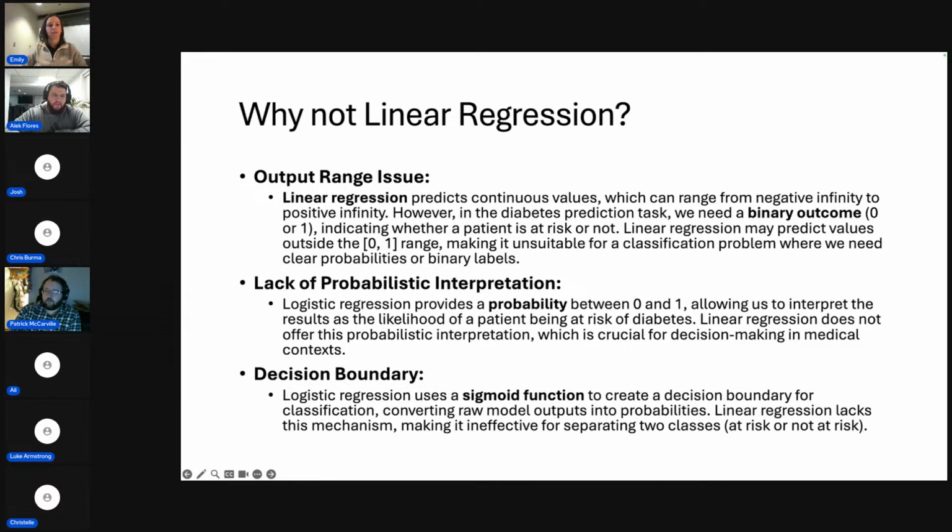So the other really big advantage, and I can't underestimate this one enough, that logistic regression brings that linear regression does not to multi-class problems is probability. This probability, or this likelihood of something occurring. So we can say, what is the probability that this person is at risk for diabetes?